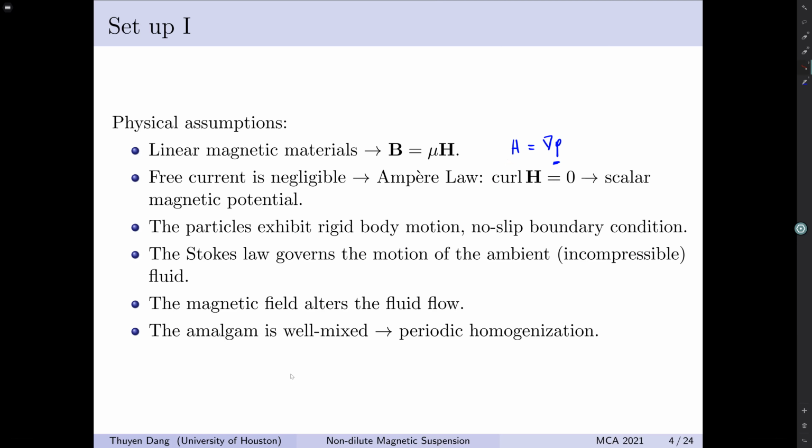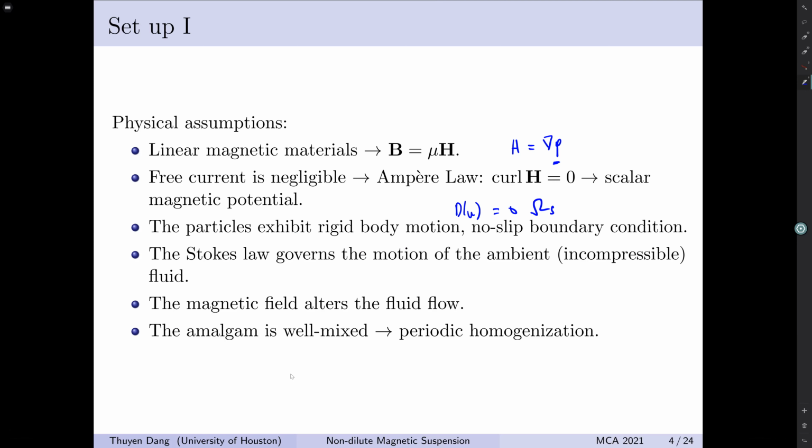We also assume that the particles exhibit rigid body motion and have a no-slip condition. By rigid body motion, you have the rate of strain Du equal to 0. Here u is the velocity of the fluid, and the rate of strain of the velocity is 0 inside the particle.